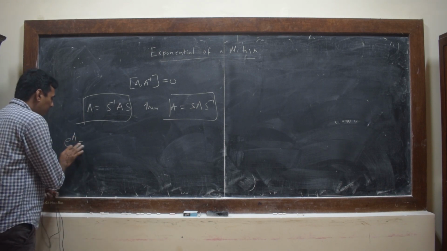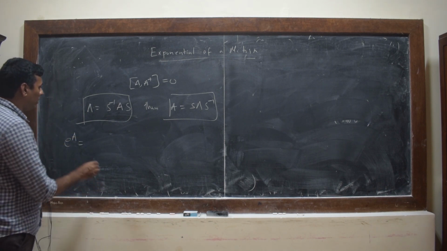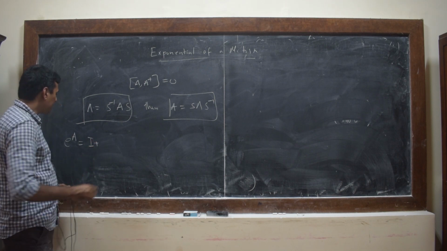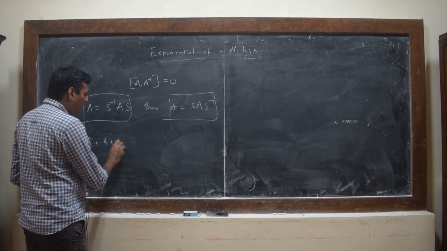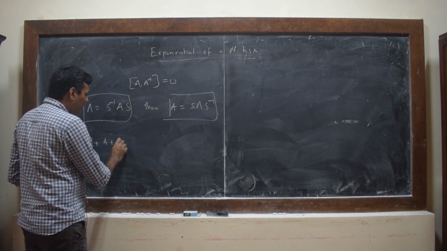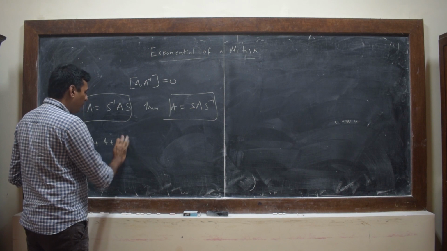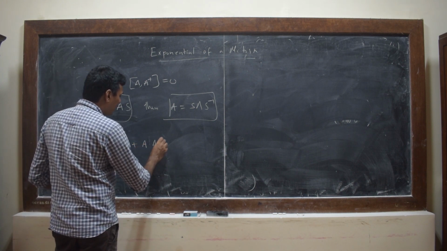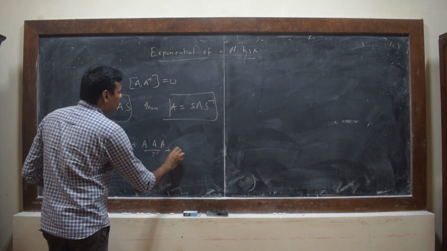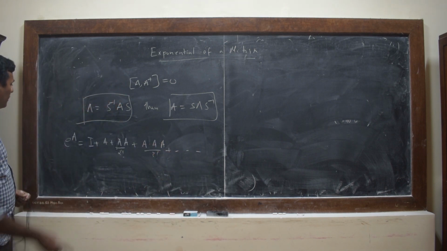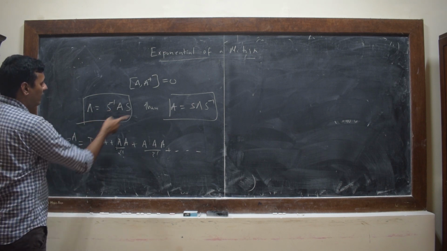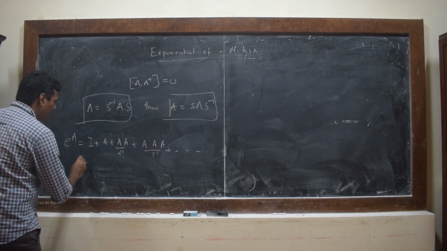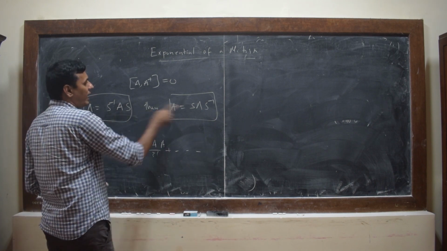So to evaluate e raised to A, I know this is identity plus A plus A square divided by 2 factorial, or A into A divided by 2 factorial, plus A cube divided by 3 factorial, plus etc. Instead of A, I can substitute S lambda S inverse, where this lambda is a diagonal matrix.